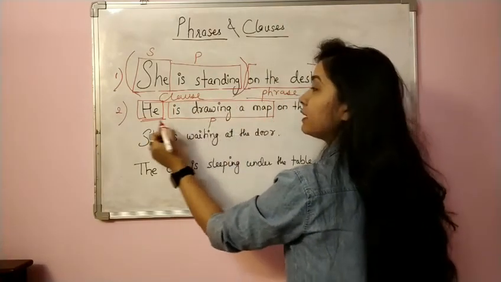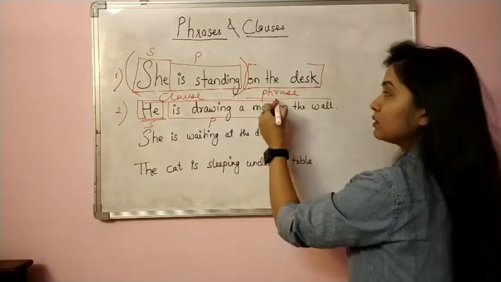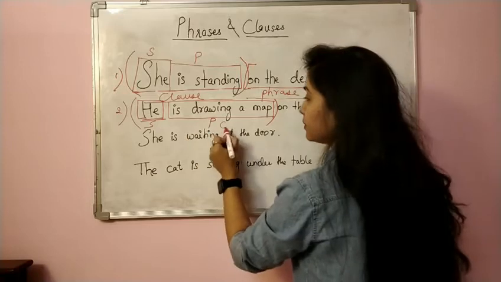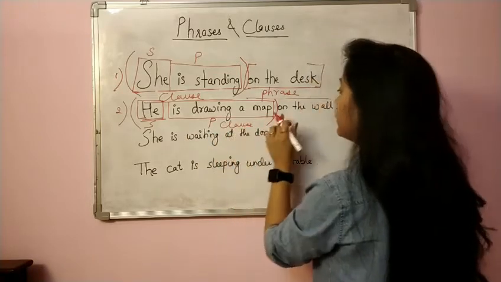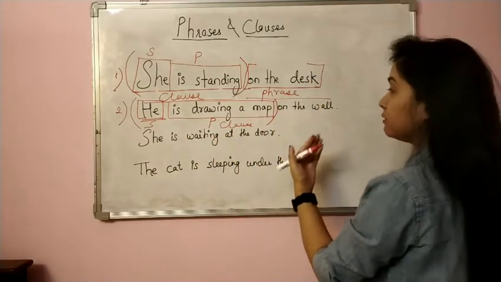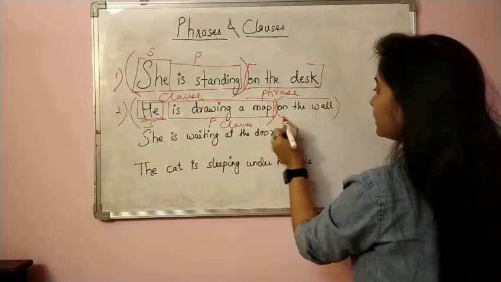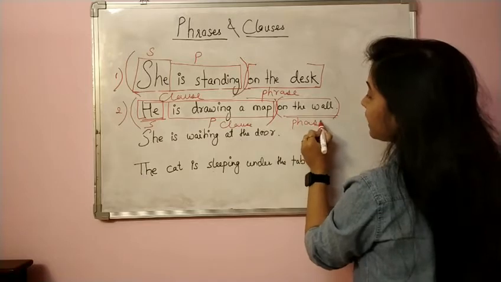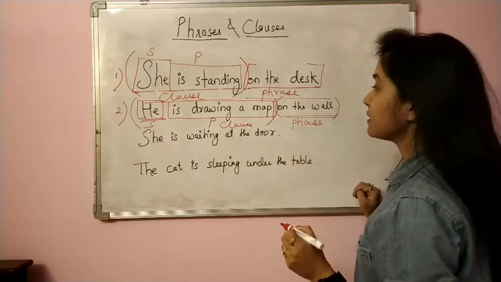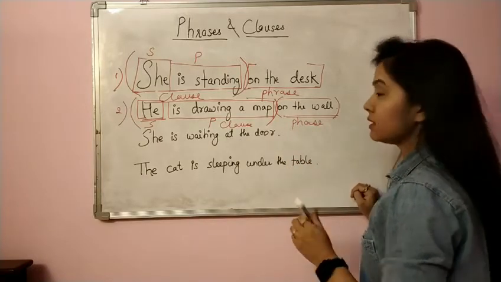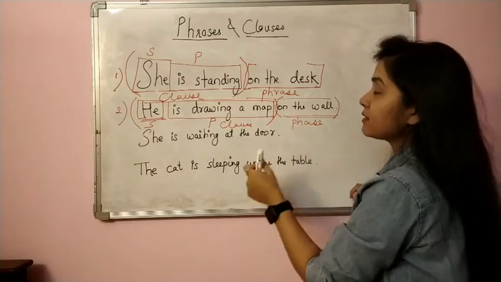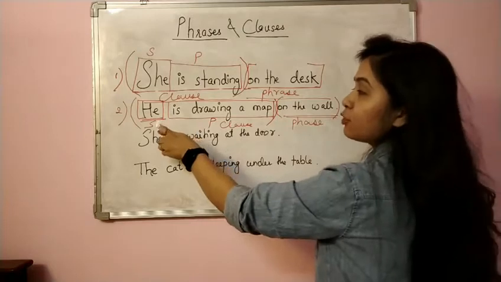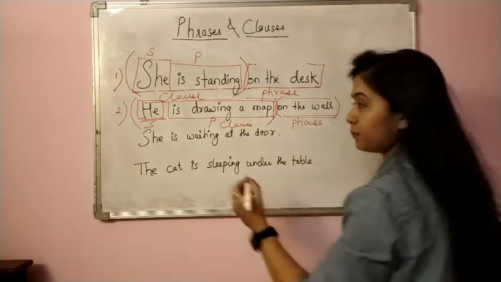So this entire portion becomes a clause. And on the wall, दीवार पे, this is a phrase, a group of words having some meaning but doesn't give the entire meaning of the sentence. So this is the sentence where this part is the clause and this part is the phrase.